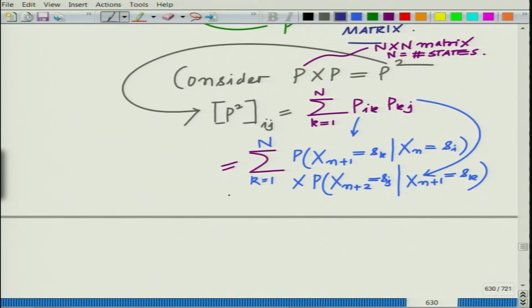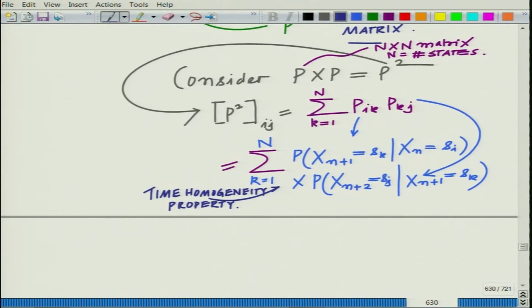So, that is essentially the time homogeneity property. What we are using here is the time homogeneity property.